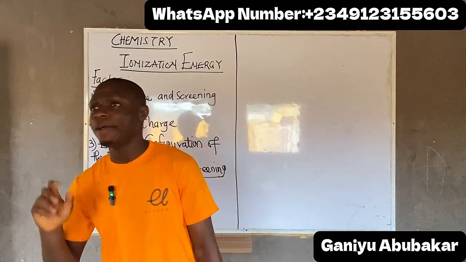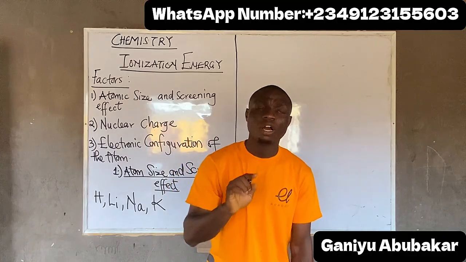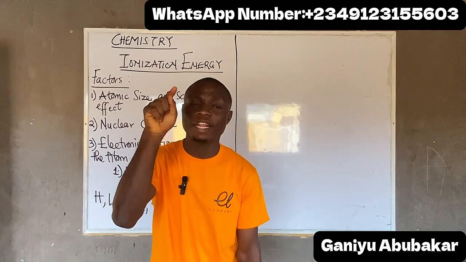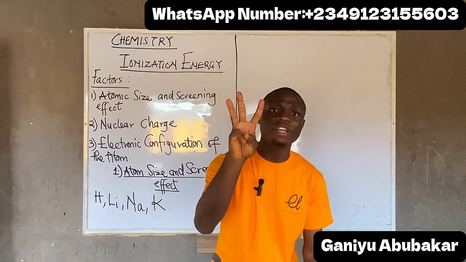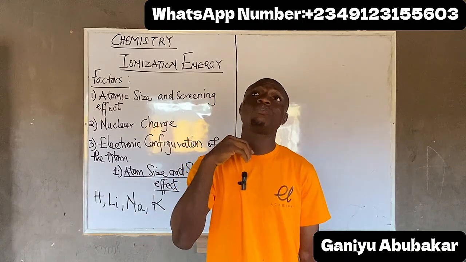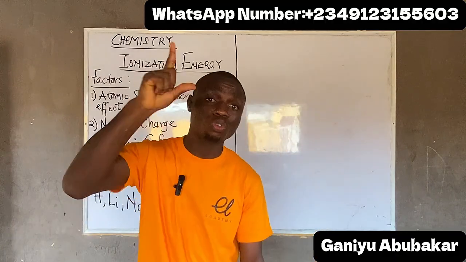And here's the technique. If I draw the shell of hydrogen, it will have just one electron in the shell. If I draw the shell for lithium, it will have three electrons, so it will have an additional circle, two circles.